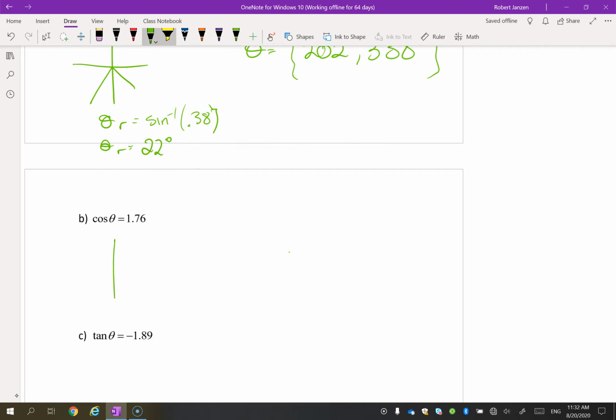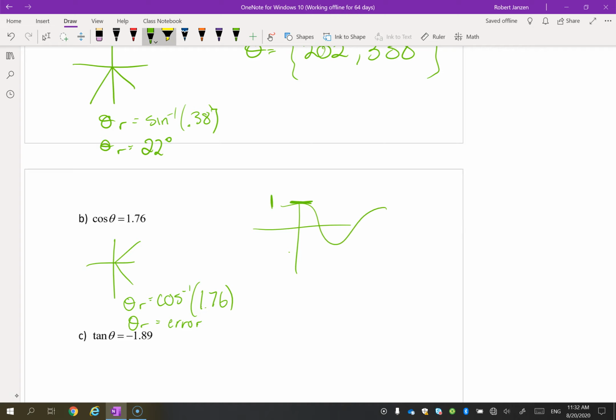All right, next one, cosine is positive here and here. And if you take the reference angle, you have a problem. It says error. Now, what does error mean? Well, think back to the cosine graph. What's the biggest value you're going to have for the cosine graph? 1.